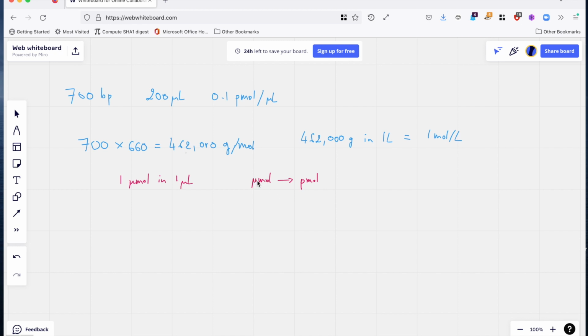Okay, you have micromole, nanomole, picomole. But we don't have 1 picomole, but 0.1 picomole. So to go from 1 micromole to 0.1 picomole, we need to dilute by 10 million.